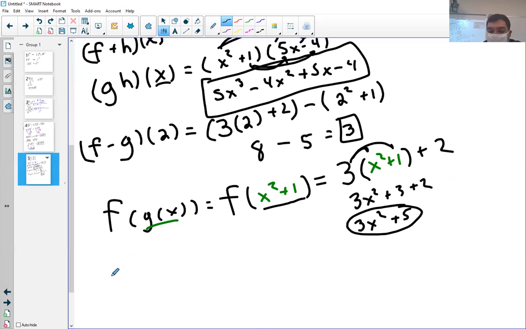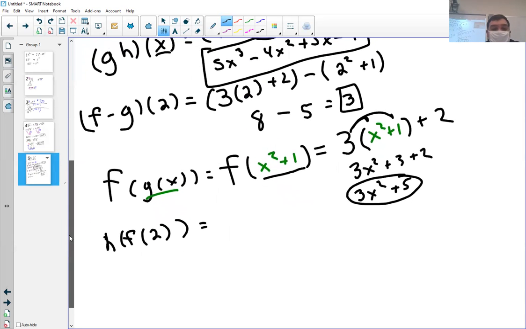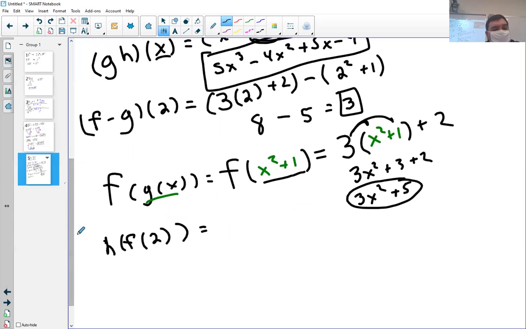We could also have one with a number. So I'll just do h of f of 2. Wait, so is it just that for the f part, the x squared here?